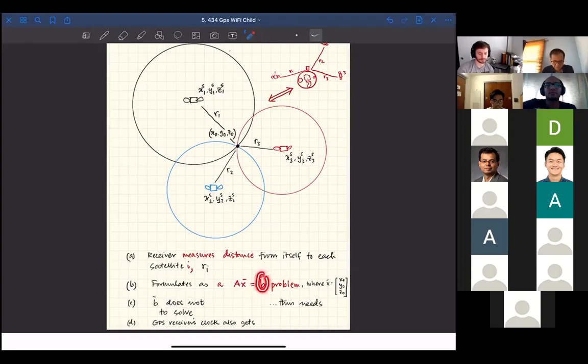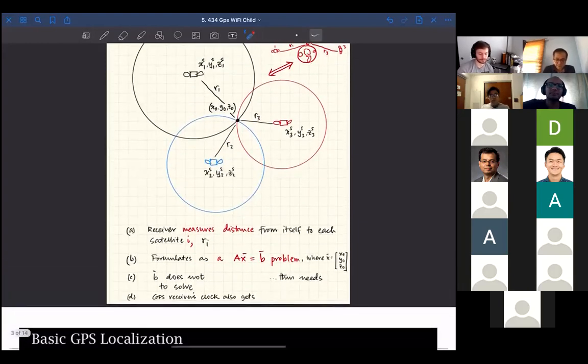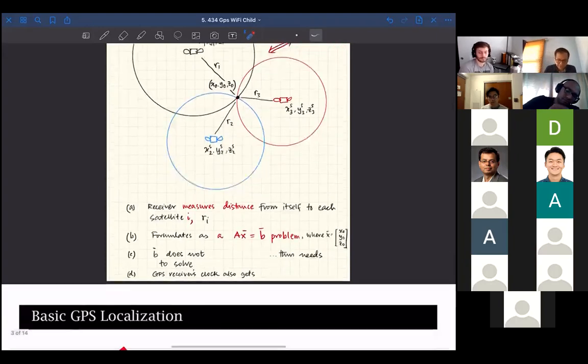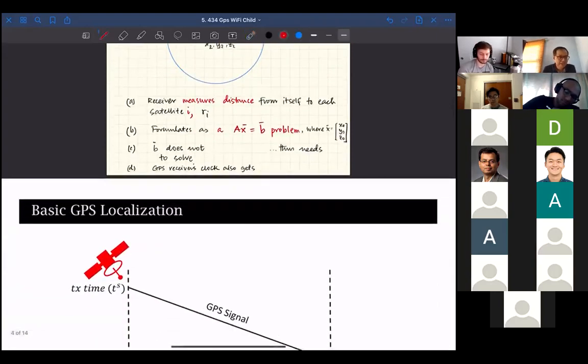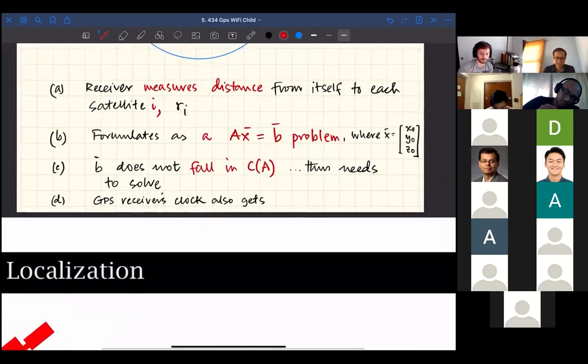This B will turn out to be the measurements that you make, right? So now when the measurements of R1, R2, R3 are not going to be absolutely accurate, then it'll turn out that B does not fall in the column space of A. Thus, you need to solve least squares.